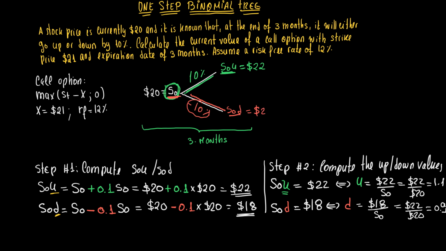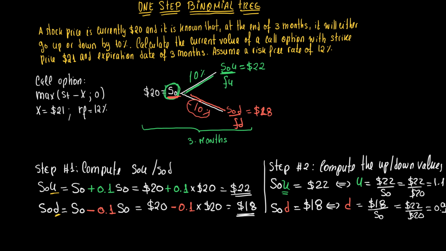As you should be aware, associated with each price movement there is a value for my option: the intrinsic value of my option when it goes up, and the intrinsic value of my option when it goes down.